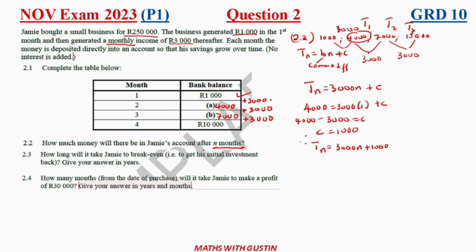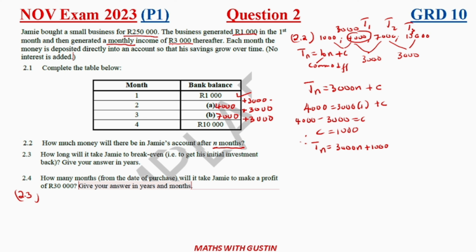So 2.3 says here, how long will it take for Jamie to break even, to take his initial investment back? His initial investment is what? Is 1000. Okay, no, his initial investment, how long will it take for him to break even? So what do they mean by that?